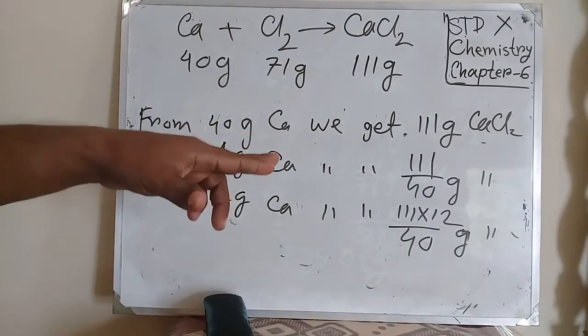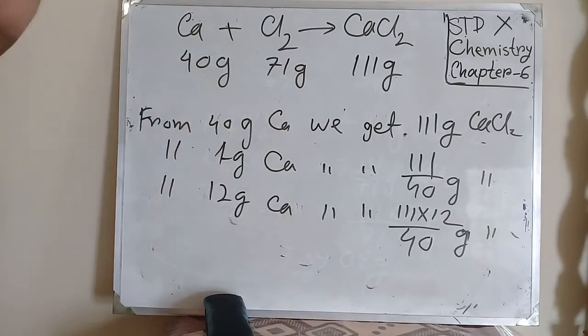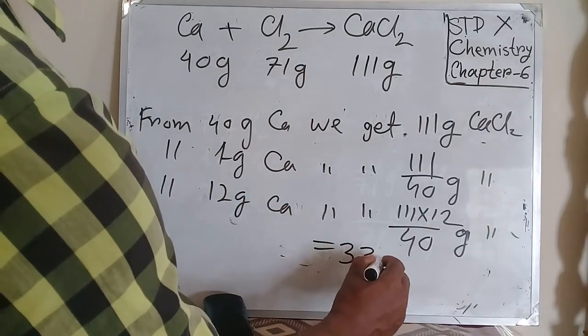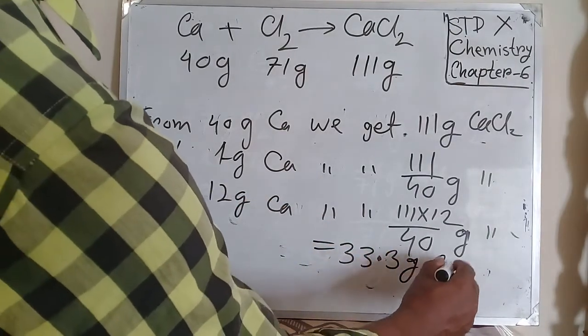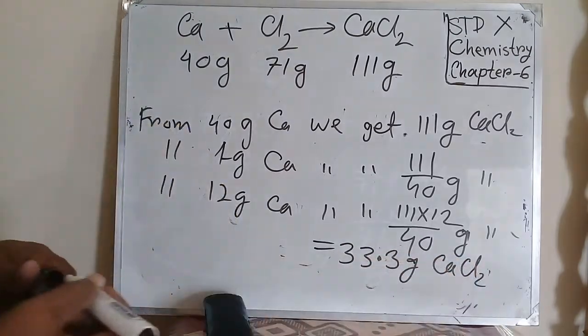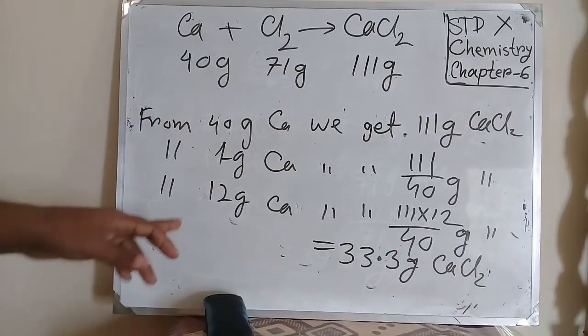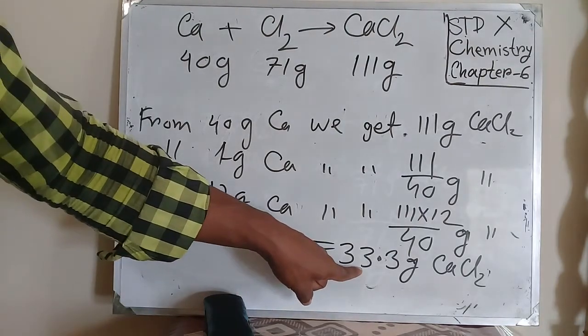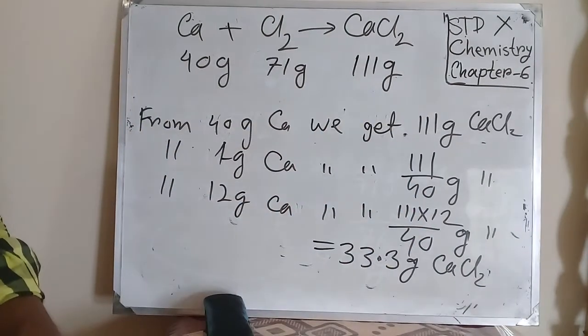If we multiply 111 by 12 and then divide by 40, we can get 33.3 gram calcium chloride. That means if we take 12 gram, we can get just 33.3 gram.